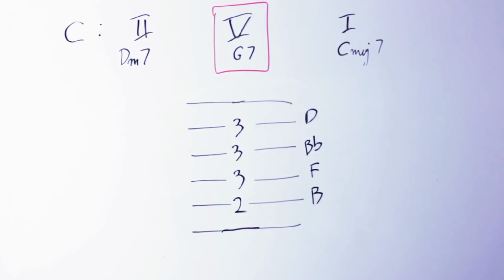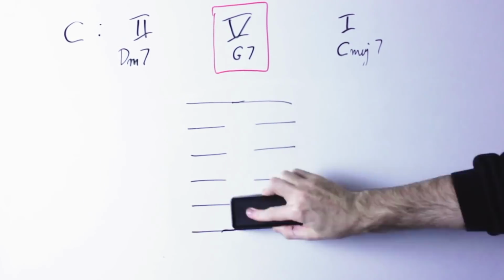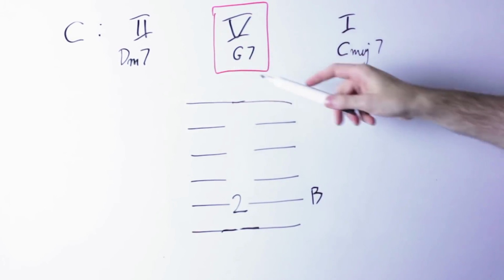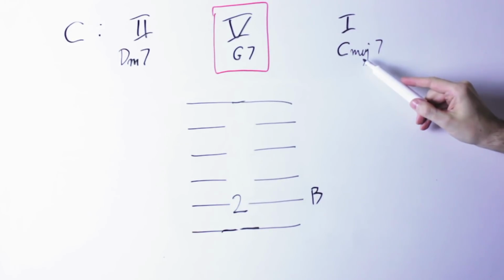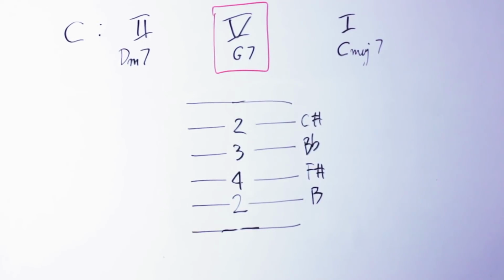This chord is B, F, B flat, D. This chord is B, F sharp, B flat, C sharp.